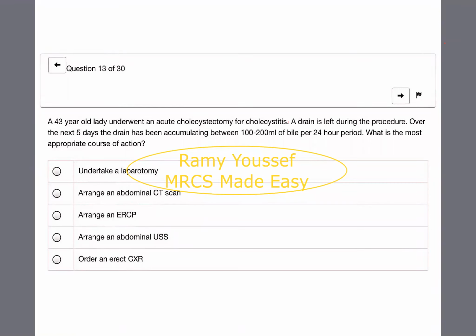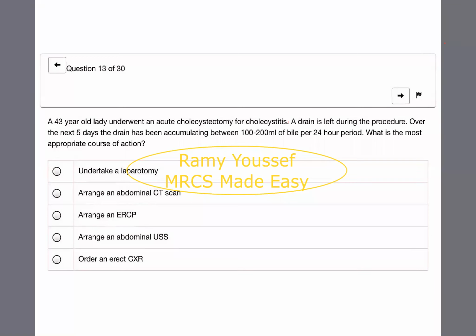A 43-year-old lady underwent an acute cholecystectomy for cholecystitis. A drain is left during the procedure. Over the next 5 days, the drain has accumulated between 100 to 200 ml of bile per 24-hour period. What is the most appropriate course of action?